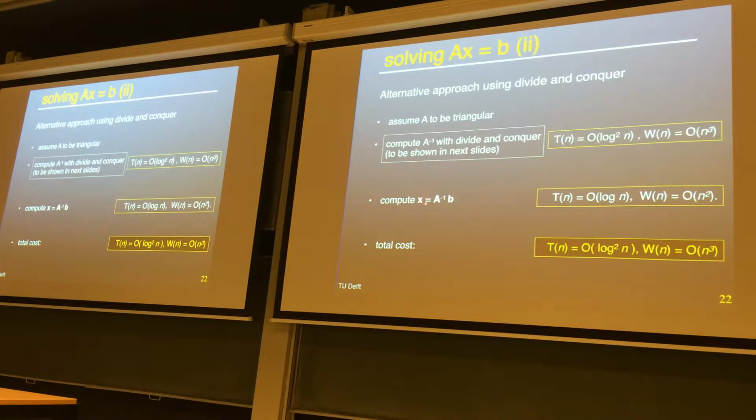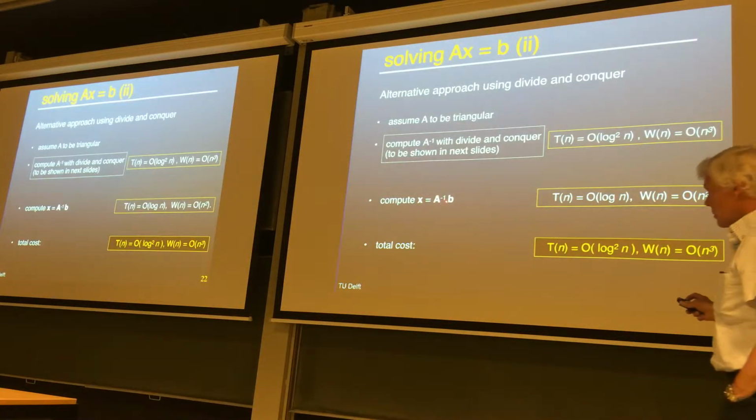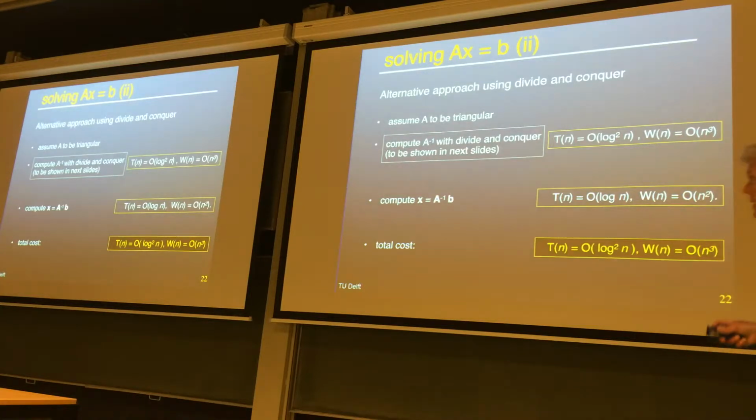Then we compute x equal to the inverse of A times B, assuming that A is triangular. That can be done in log n amount of time and an O(n^2) amount of work, and that is by the results we already obtained from matrix times vector multiplication.